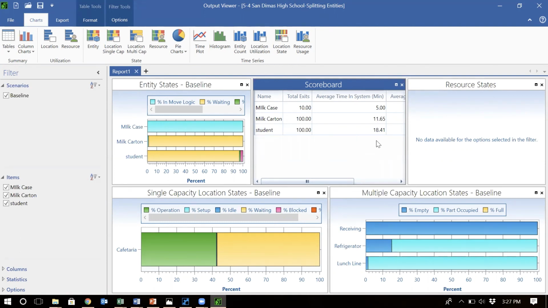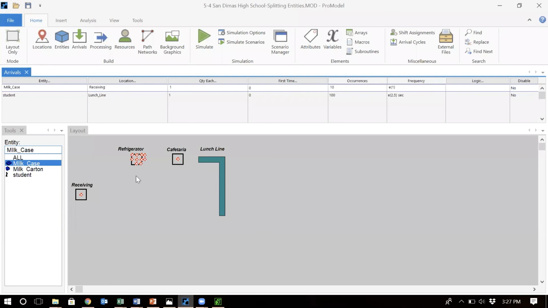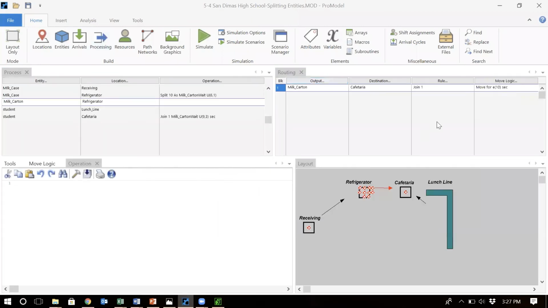So if the time in the system is not similar to my number, make sure you have the move times here. If you do not put the move times here, obviously the time in the system that you're going to get is going to be smaller. So if your time in the system is different than mine, make sure to double check the move times in your system.